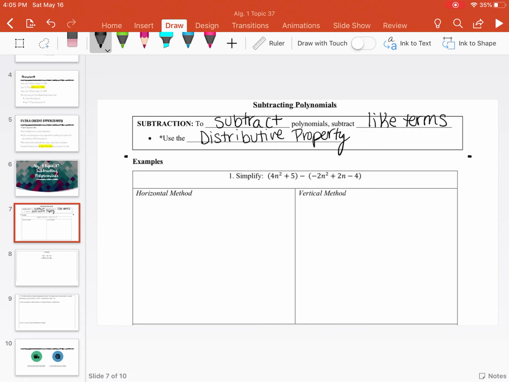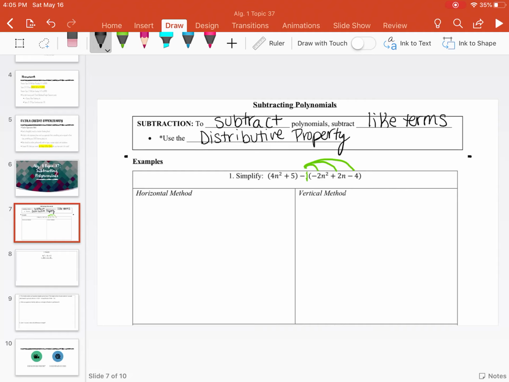In our example here, we're asked to simplify 4n squared plus 5 minus the quantity negative 2n squared plus 2n minus 4. Now, when we really have a negative sign here, this is really a negative 1. So when I asked you to use the distributive property, it's because we're going to be distributing this negative 1 to every single term in this second quantity.